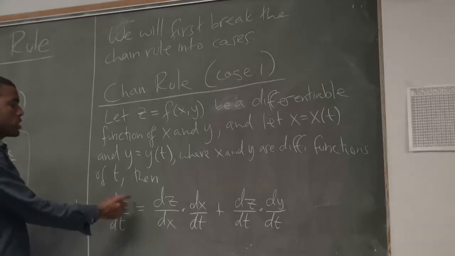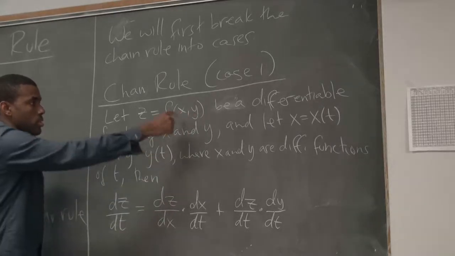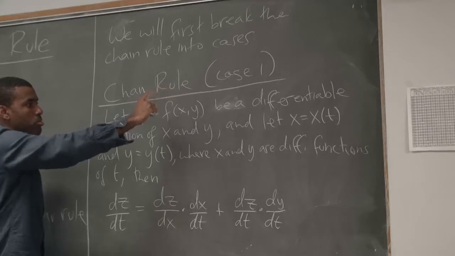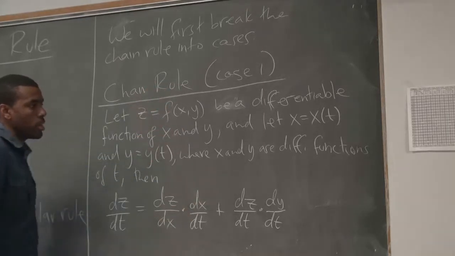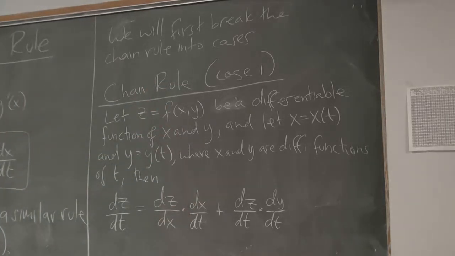And this is because z will change independently. If you vary the x, it will change a little bit, plus it will change a little bit if you vary the y. And so you sort of have to add these differentials together. But it's basically the same rule, just extended.